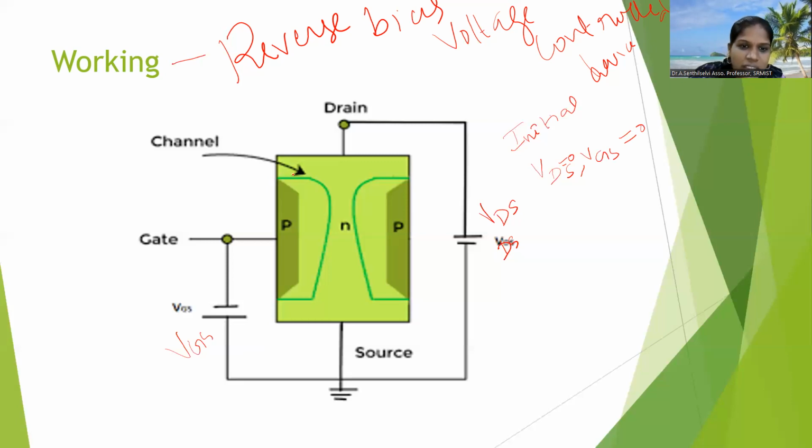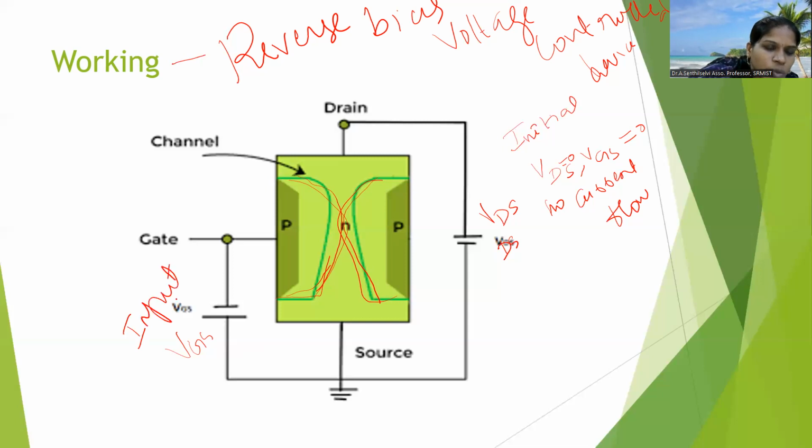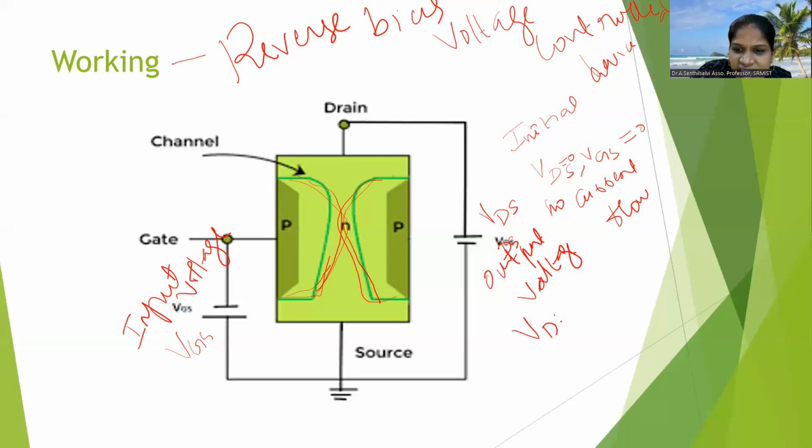This is called the channel. There is a formation of depletion layers, and the two depletion layers touch each other, so there is no current flow. VGS is called the input voltage. VDS is called the output voltage, and it is otherwise called VDD because it is connected to the drain terminal.